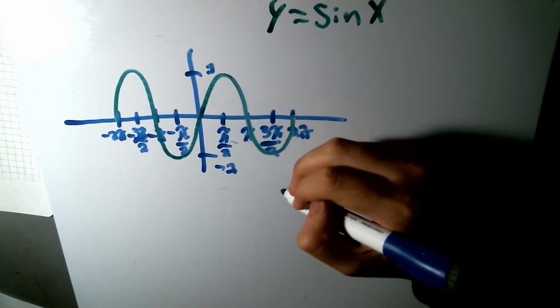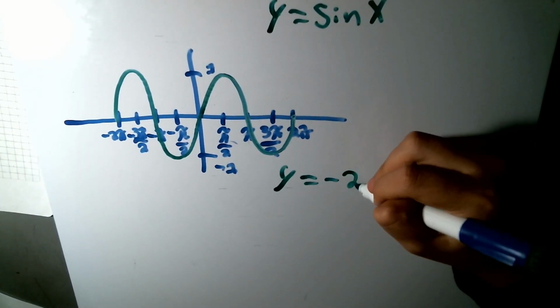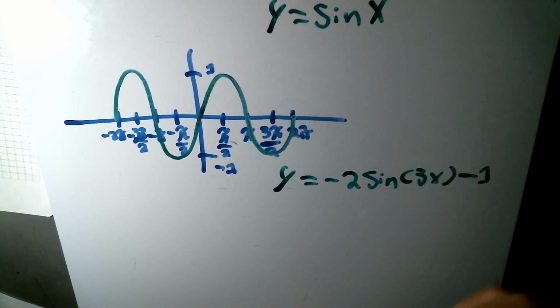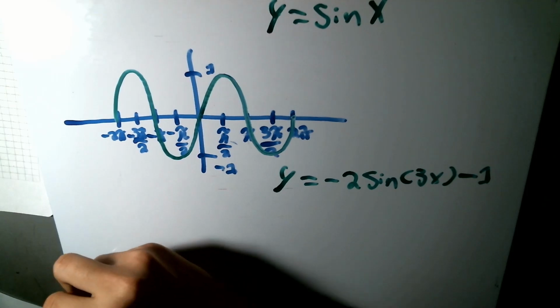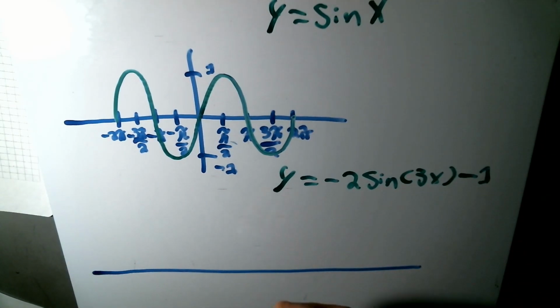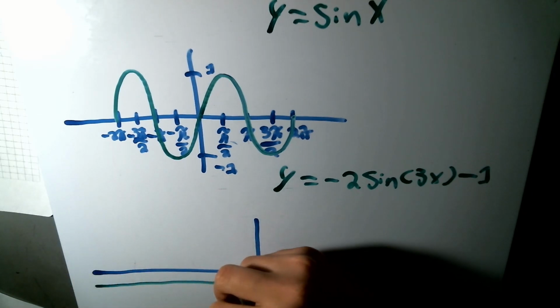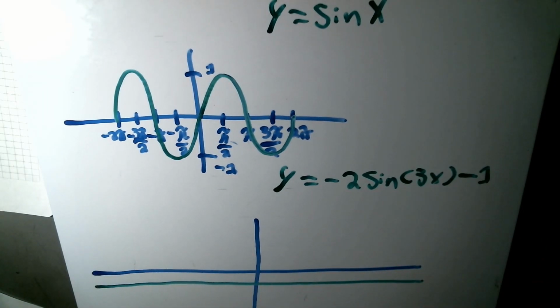And now let's see y equals minus 2 sine of 3x minus 1. The green thing is the midline, which is y equals minus 1. It goes 1 below.